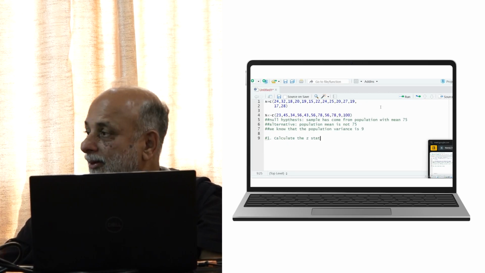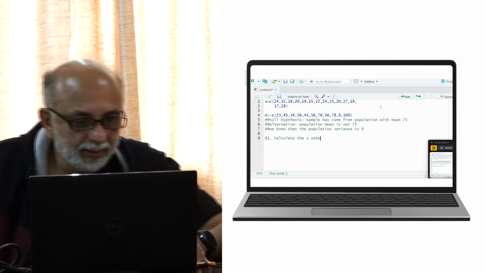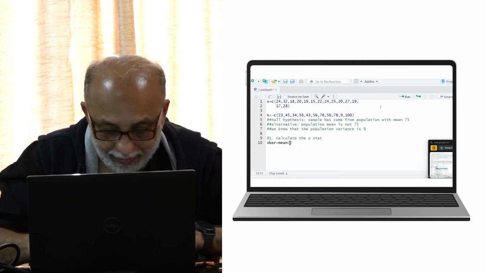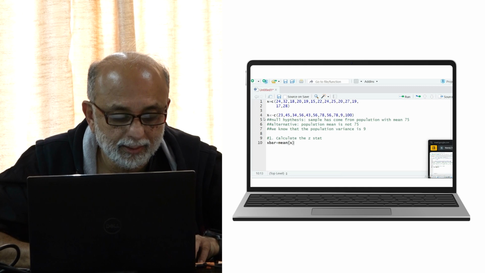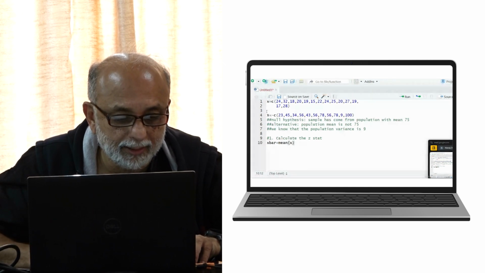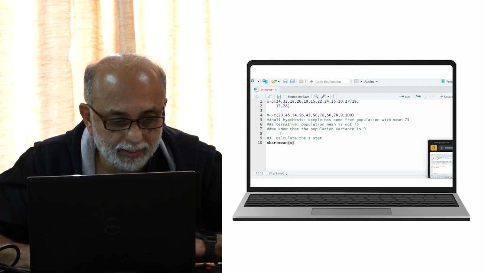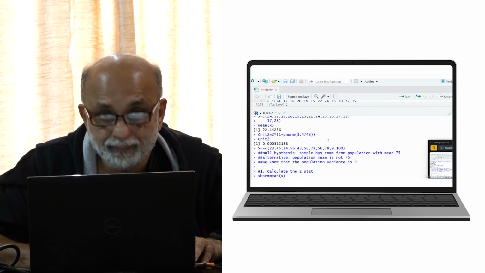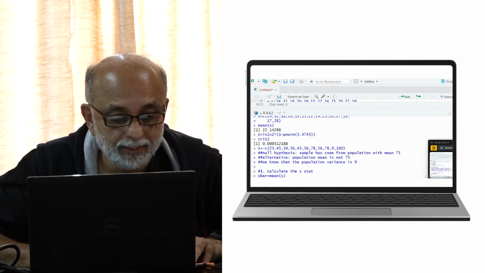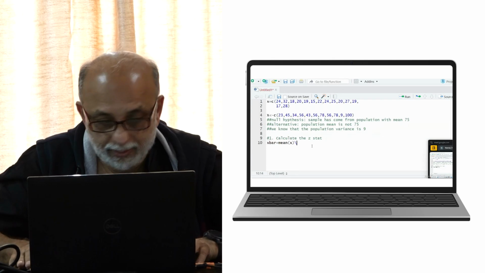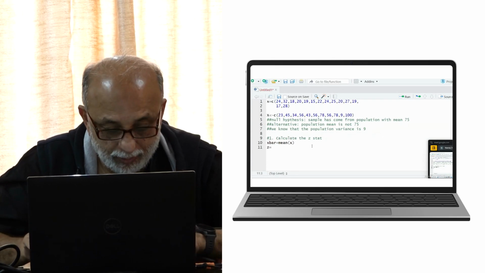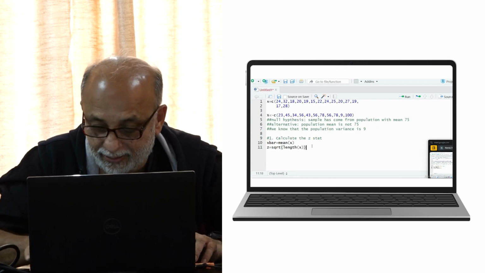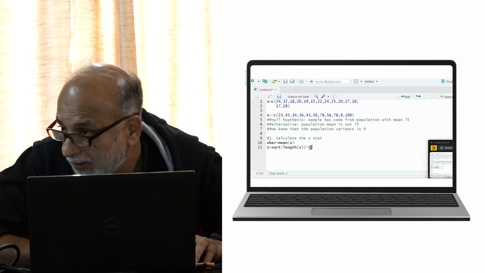So what is x bar? x bar is the mean of x. Let's see what x bar is. So z is equal to square root of length x, root n.